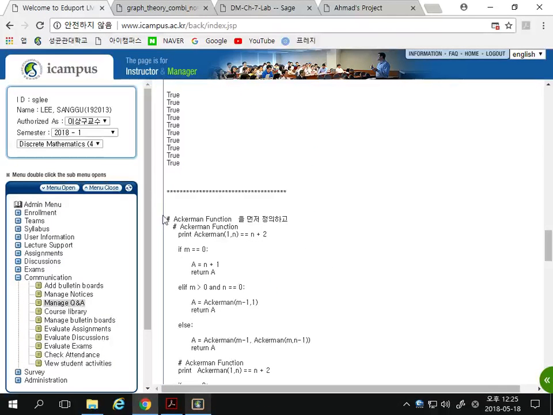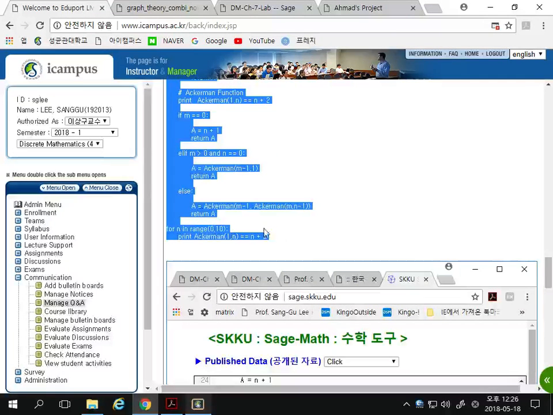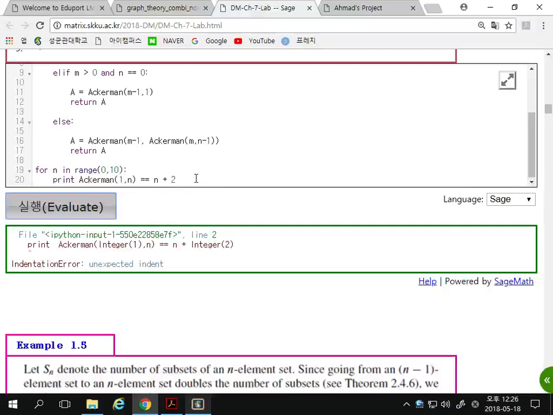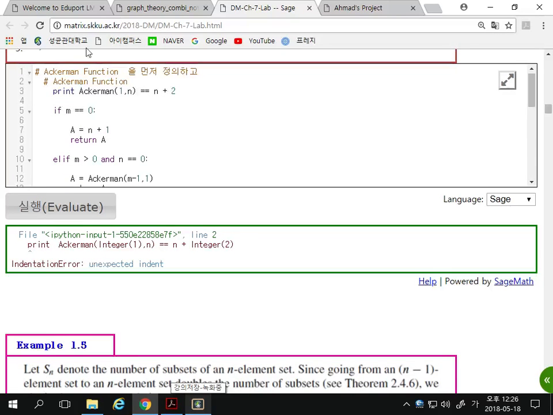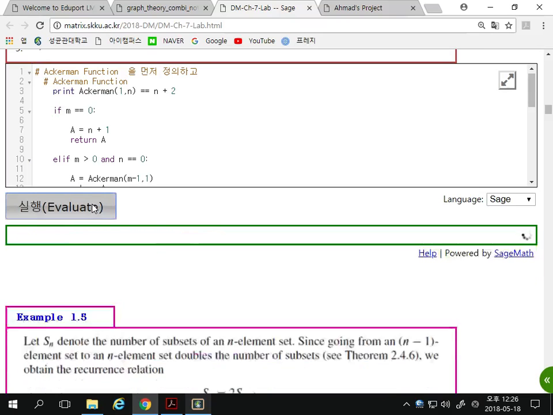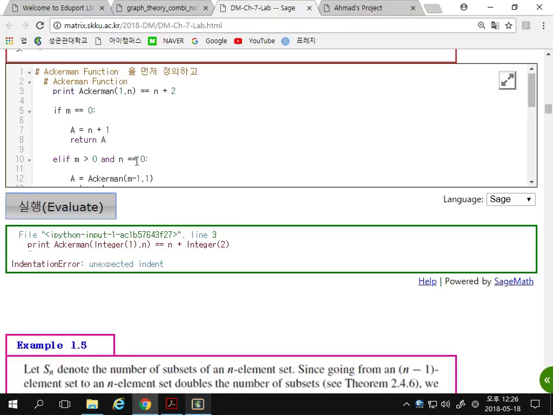Did I copy? Okay, we define that first, and then print the command number. Then we paste it, and that we have it right. Okay, then we define the function first. It should work.